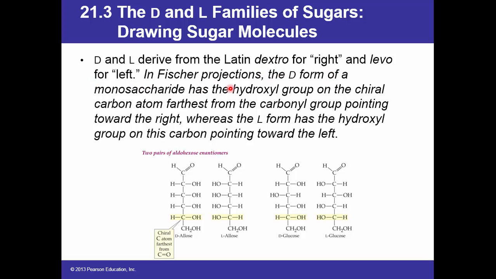In Fischer projections, the D form of a monosaccharide has the hydroxyl group on the chiral carbon atom farthest from the carbonyl group pointing toward the right, whereas the L form has the hydroxyl group on this carbon pointing toward the left.